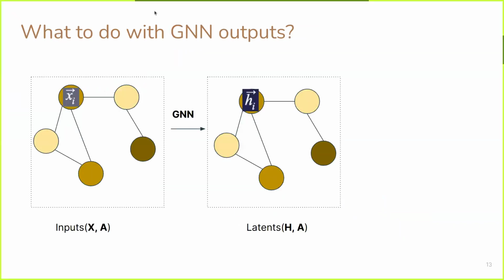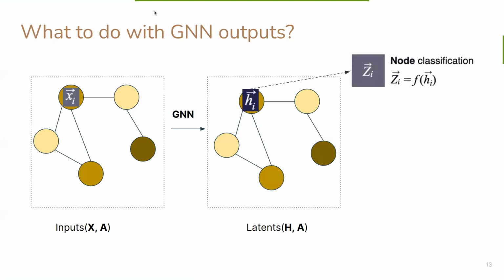Here, if we are revisiting the input and output, our input is a matrix X, which represents the embeddings of all the nodes, and we have an adjacency matrix, which also represents how the nodes are connected. Then we want to output H, which is another matrix containing the final embeddings for all the nodes, and A remains the same, which is how the nodes in the graph are connected.